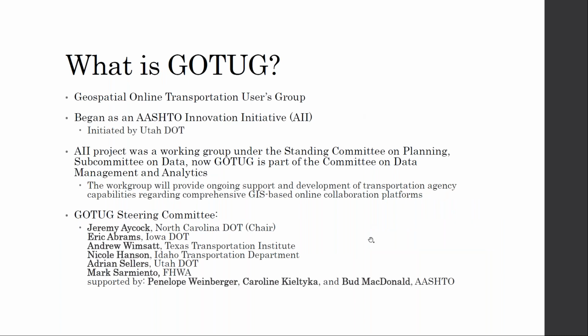It began as an AASHTO Innovation Initiative, and it was initiated by Utah DOT. AII project was a working group under the Standing Committee on Planning, Subcommittee on Data. Now Go Tug is part of the Committee on Data Management and Analytics. So this work group will provide ongoing support and development of transportation agency capabilities regarding comprehensive GIS-based online collaboration platforms.